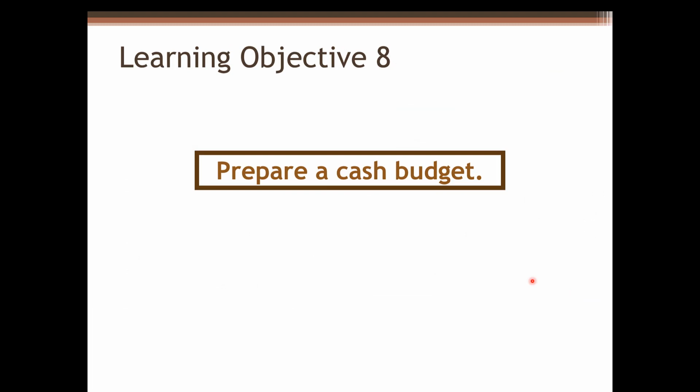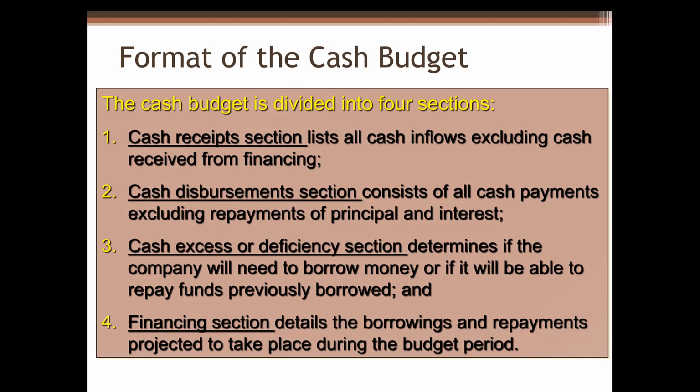Based on the above budgets, we prepared cash receipts and cash disbursements. We can prepare the cash budget. The cash budget is divided into 4 sections. The cash receipts section lists all cash inflows, excluding cash received from financing.